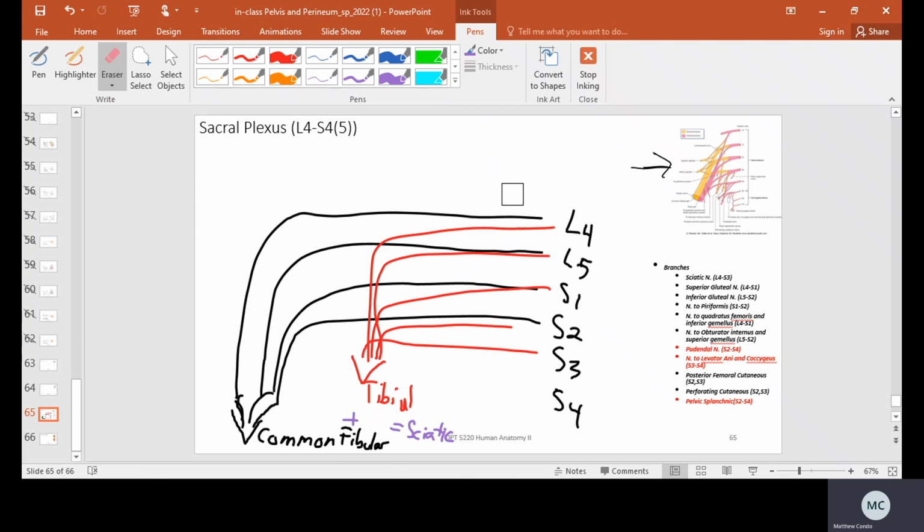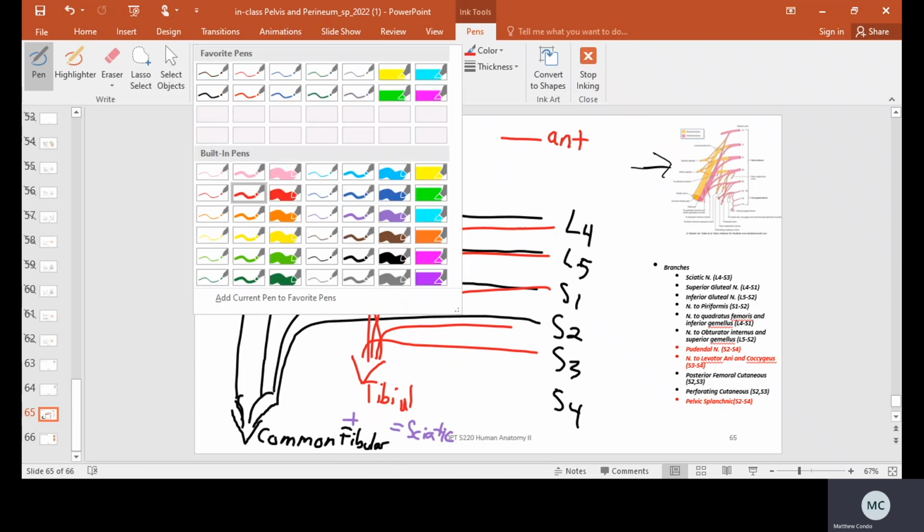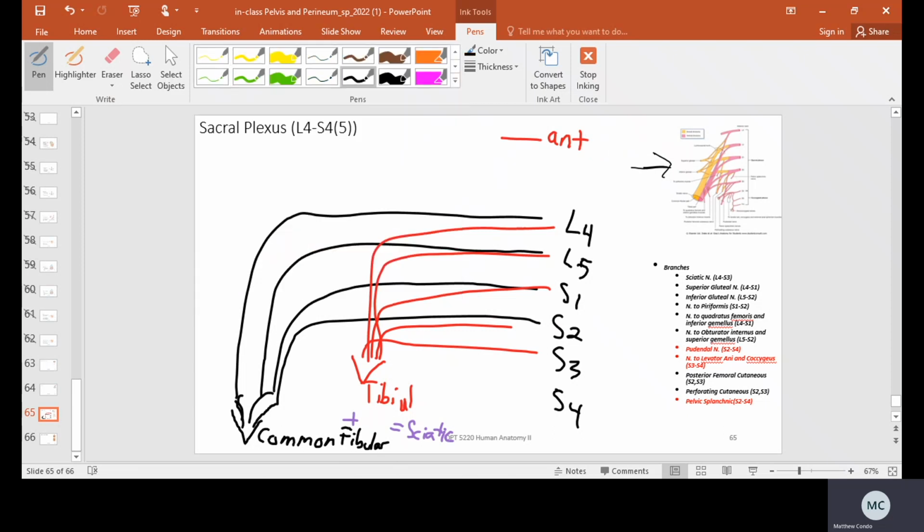Okay, so my red is going to be my anterior. Okay, I got the pendulum right. My black is my posterior. Fair? Everybody good?